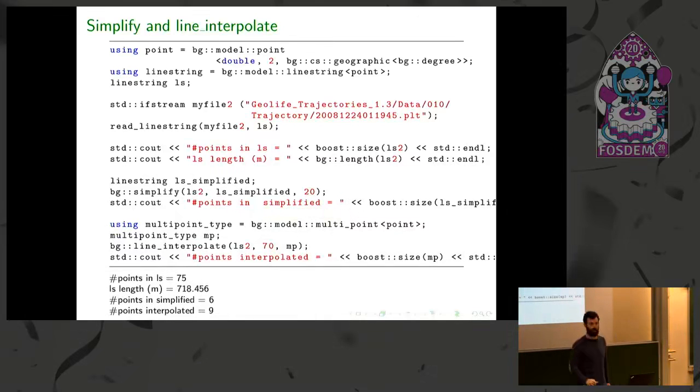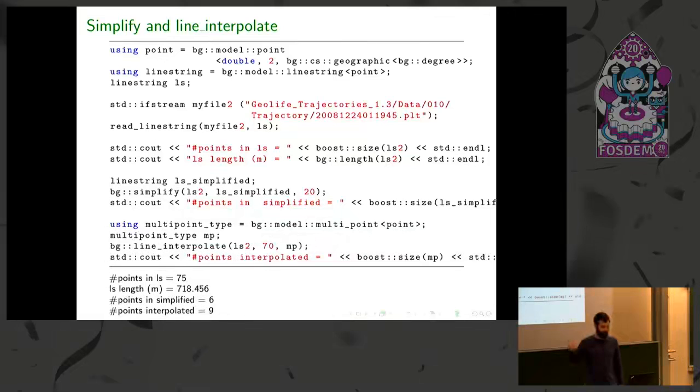So 20 means that for the new line string that approximates my original one, I want to have an error of 20 meters at most. Then I can call the line interpolate algorithm with my trajectory and 70. So every 70 meters I create one point. I start in my trajectory and move along it, and every 70 meters I create one point.